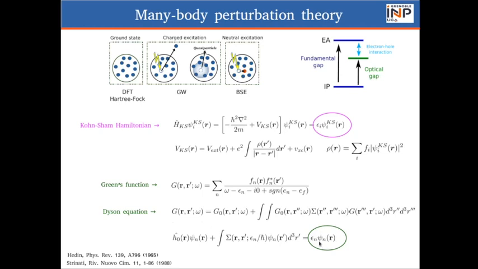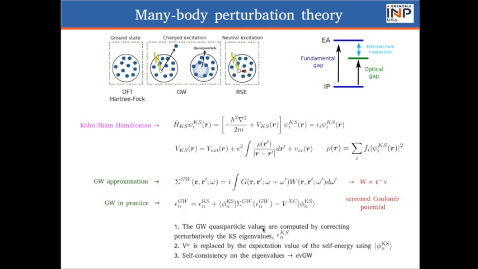equation, where epsilon and psi n are the quasi-particle energies and wave functions that correspond to ionization potential and affinity, so electron removal and addition energies. And the self-energy here is the non-local energy-dependent term that contains the many-body interaction correlation.